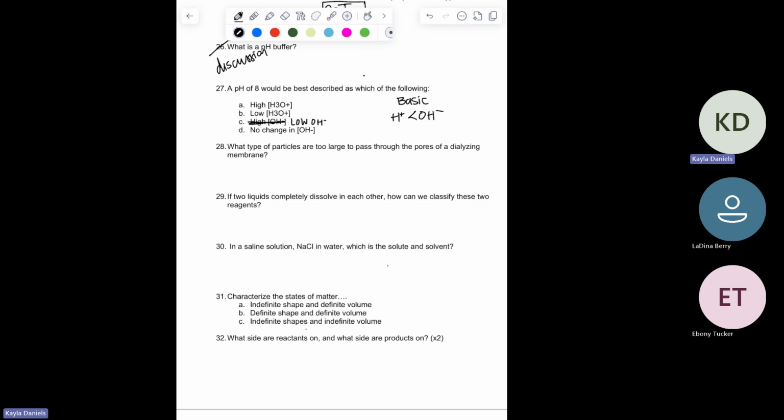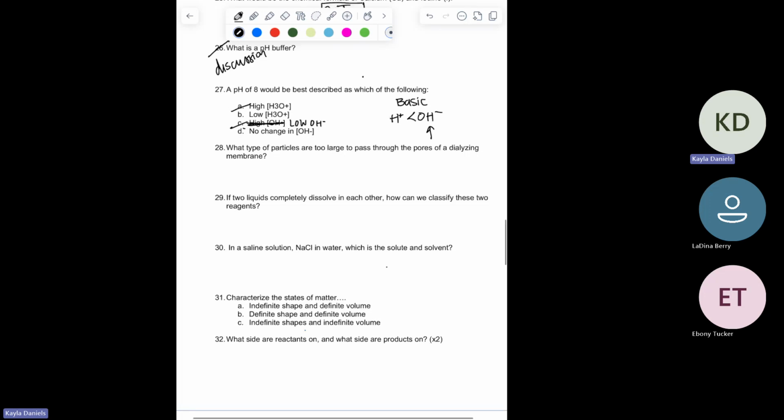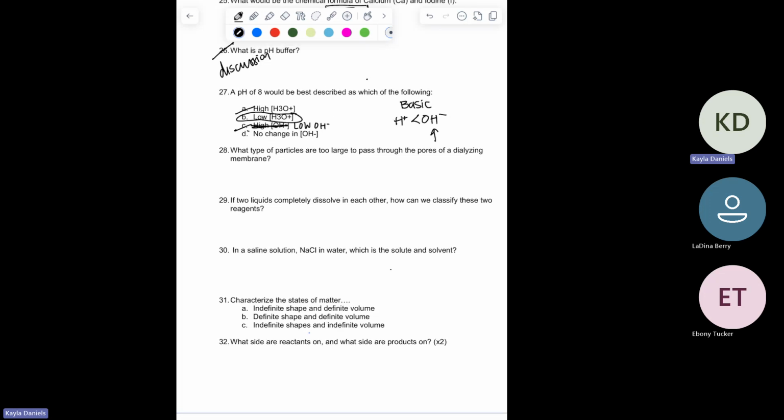So it would not have high H plus. It would not have low OH. It has high OH. So you could categorize it as having low H plus if it was basic.